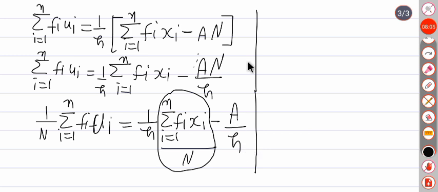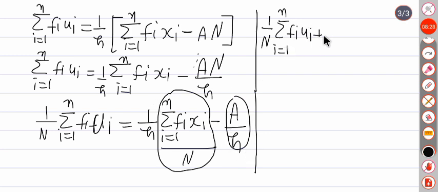Transferring this part to the left side, plus a upon h, and this side is 1 upon h times x bar.